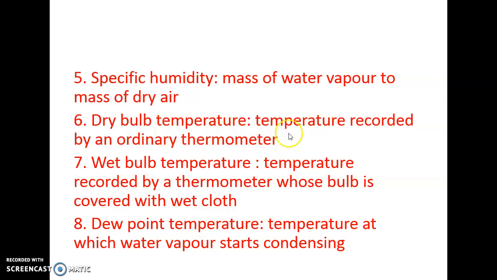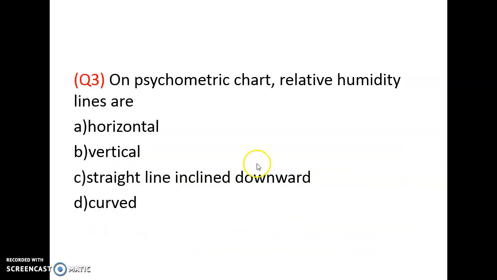Dry bulb temperature is an ordinary temperature. Wet bulb temperature is where the bulb is covered with a wet cloth. Dew point temperature is the temperature at which dew begins to form.